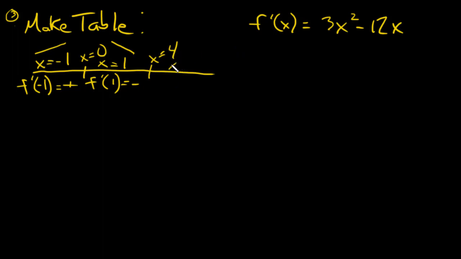How about x equals 10? If I do f prime of 10, what do I get? Well, I get 300 minus 120. That is positive, so it's heading up. Behavior for that interval is a positive slope. So what does that make x equals 0 and x equals 4? Well, it's going up then down, so that makes this a max, and it's going down then up, and it makes this a min.